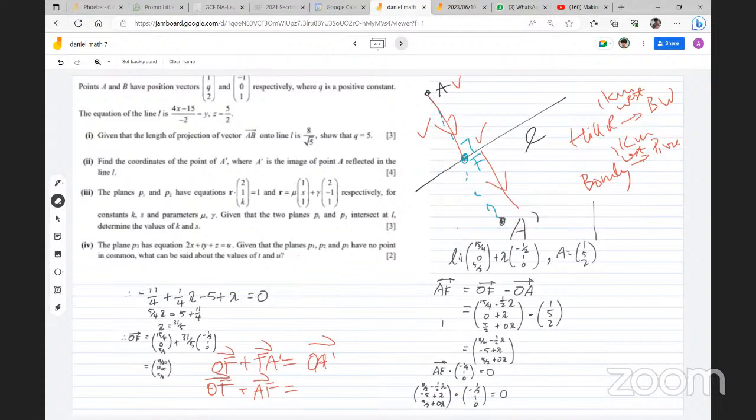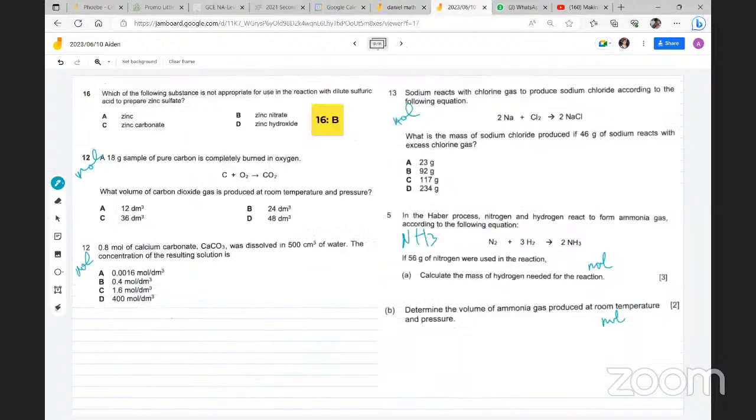Just check whether your lambda is correct. The lambda is the line constant. I love the answer key. And you have to be satisfied with the method first. The method is fine.